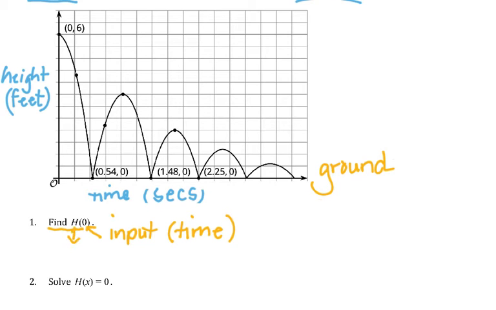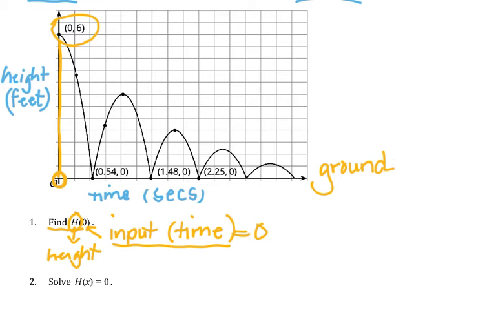So what is h? h is the height. So we are asking ourselves, what is h when time is 0? So when time is equal to 0, take a look. Where is time 0? Right here. So I'm going to follow this up, and where does my graph cross? Right here.